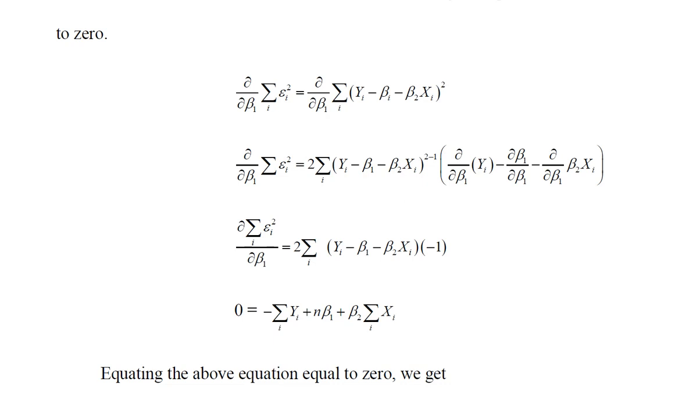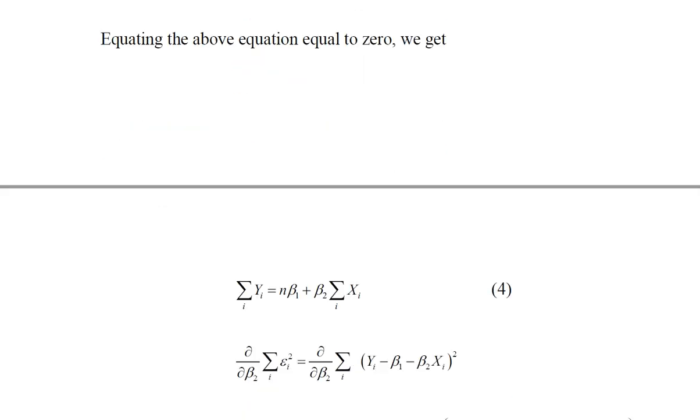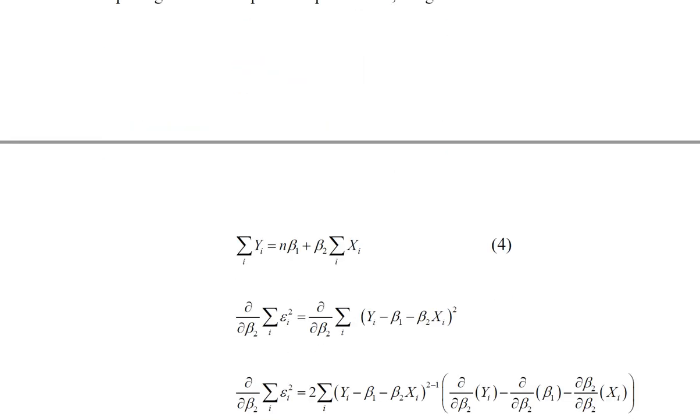Now we complete our differentiation by equating this term to 0. So here is 0, and when 2 goes to the right side, 0 over 2 is equal to 0, and we multiply this sum and minus 2 into the bracket. So we get this equation: minus sum of yi plus n times beta 1, plus beta 2 sum of xi.